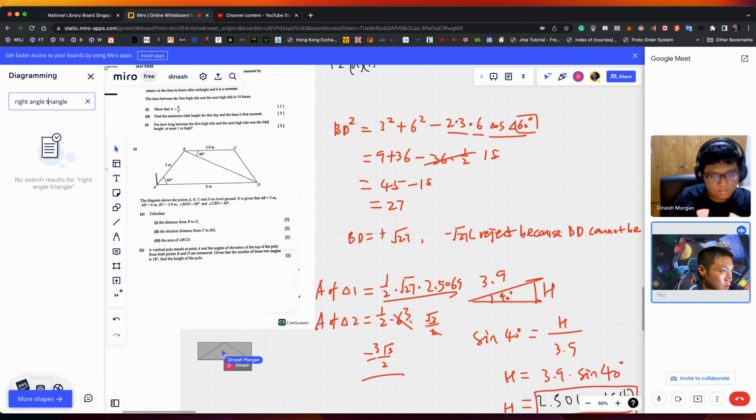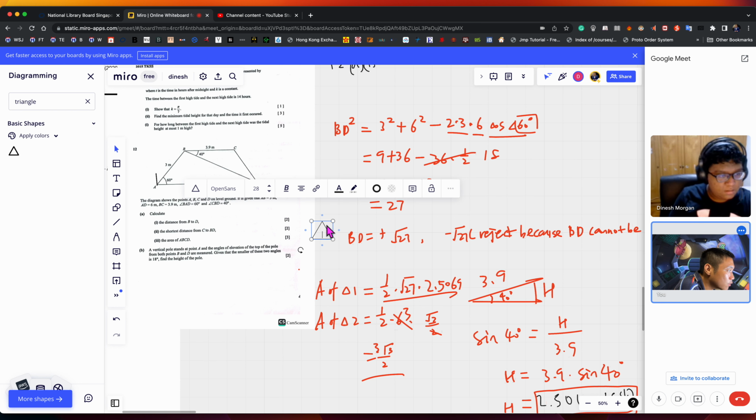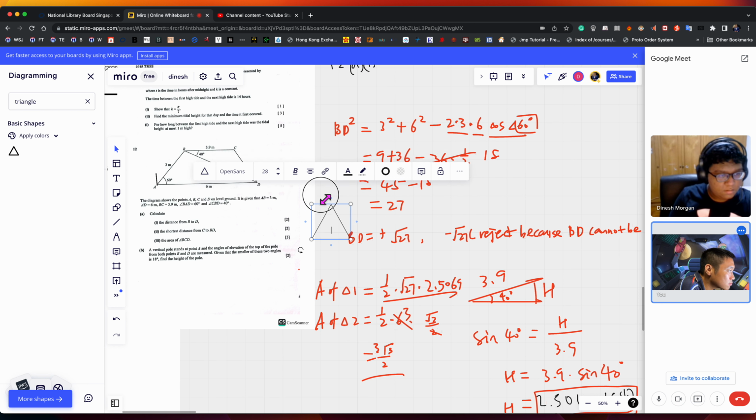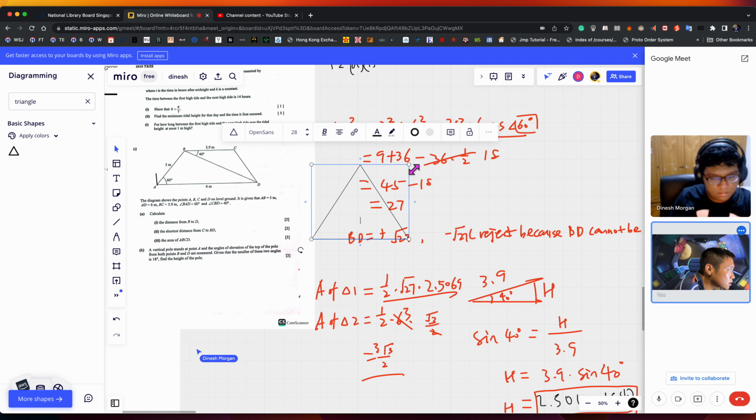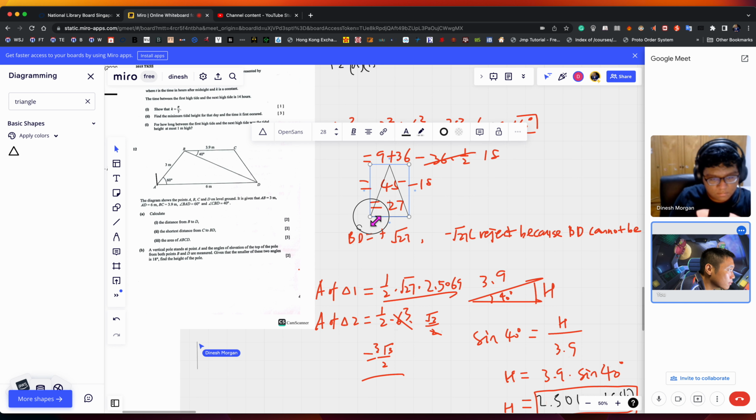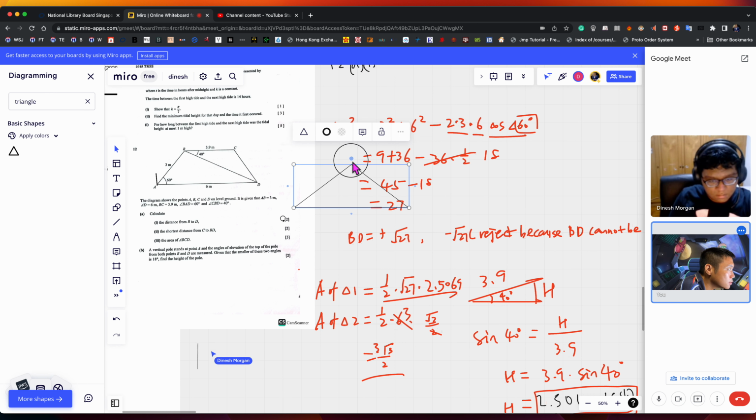Oh no, they don't have a right angle triangle. So you have to use 3 lines and create one yourself. I don't know whether you can drag it or not. No, it doesn't look like you can drag it. Yeah, you have to use 3 lines.